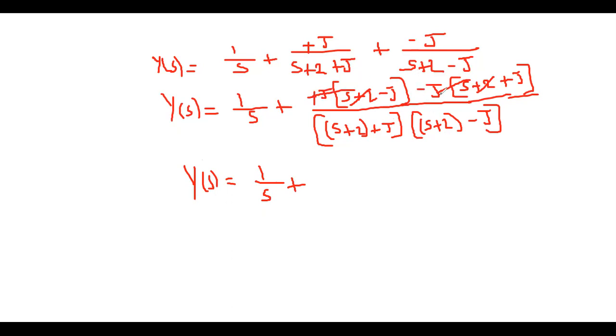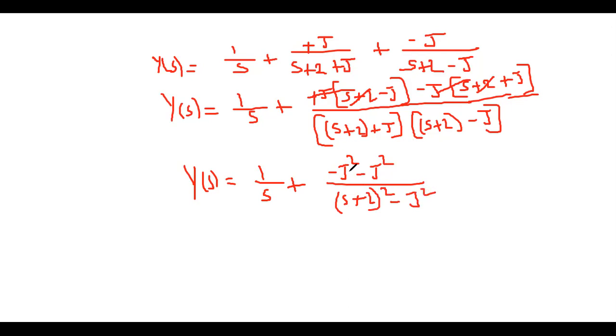plus j into s plus 2 minus j into s plus 2 get cancelled. Plus j into minus j, it becomes minus j square, and here also the minus j square. Okay, j into j is j square, and denominator it is s plus 2 whole square minus j square.